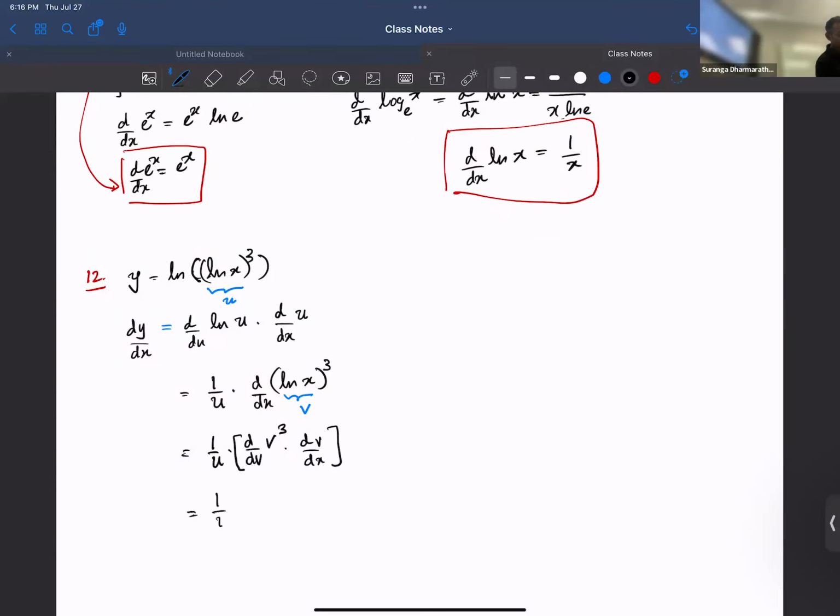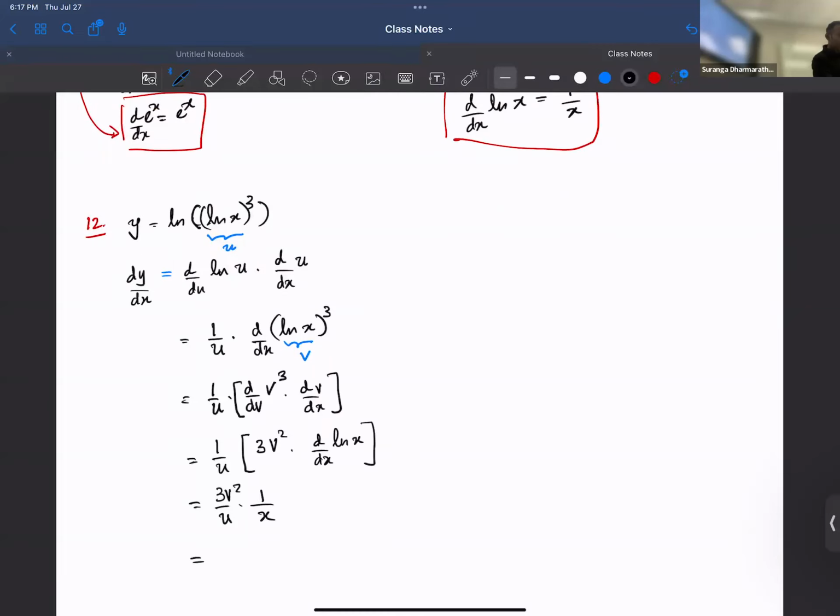It's 1 over u. The derivative of this is 3 times v squared times d over dx natural log of x. Now you can put 3v squared over u times 1 over x.